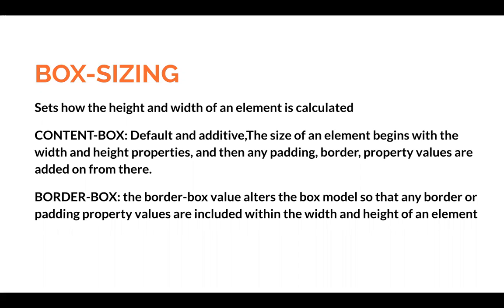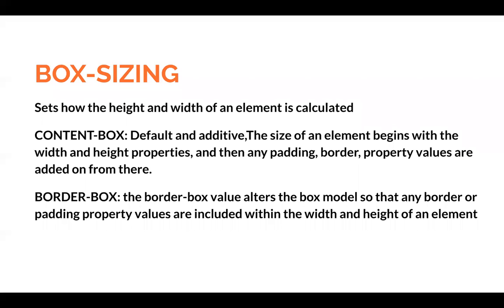Now, people had to start doing complex math to know how to set their elements. That box sizing is called a content box. It's additive. So to get the full width of an element, you have to add the content, the border, the margin, and everything.